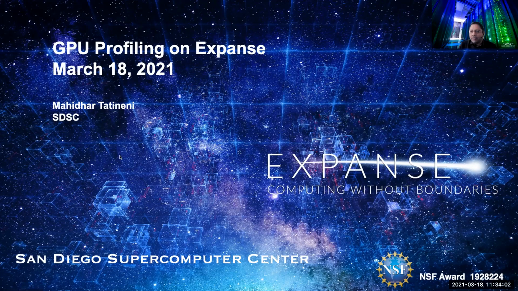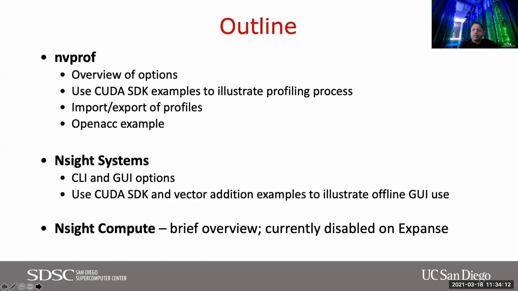So what I'm going to talk about is basically profiling, GPU profiling on Expanse. Just a quick outline. I'll take a look at the command line NVProf option first, and look at the options and take some of the CUDA SDK examples to just illustrate how to use it, and do a quick OpenACC example.